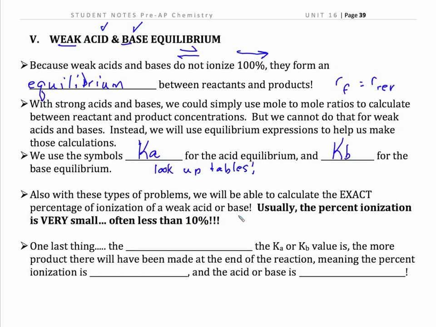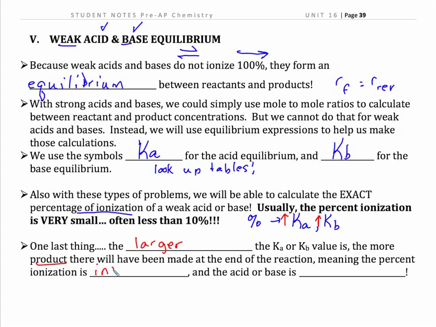Okay, now, we are often asked to calculate the percent ionization, and that percent ionization is dependent on two things: the magnitude of the Ka or the Kb. So the larger these values are, the more product you get.